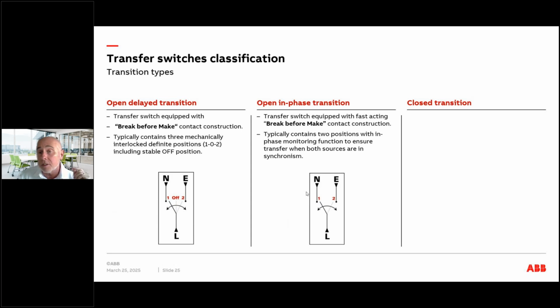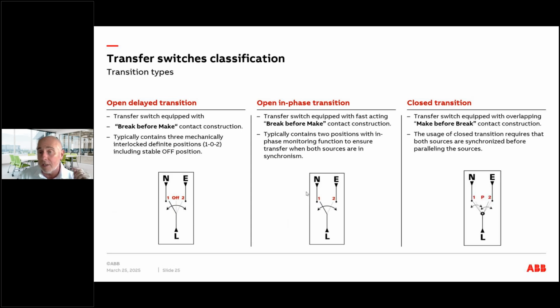And then we have what's called a closed transition. This is a make before break situation. What that means is that when you switch from the primary to the secondary load, the actual load itself does not see any break in the supply. It's continually supplied by either supply one or supply two. But there's a moment, obviously, during the switching period where it is being supplied by both at the same time.